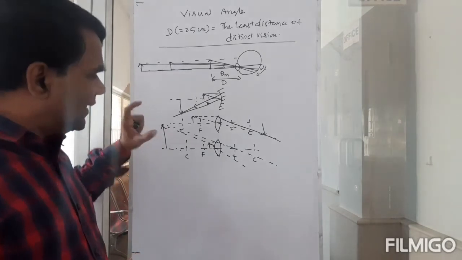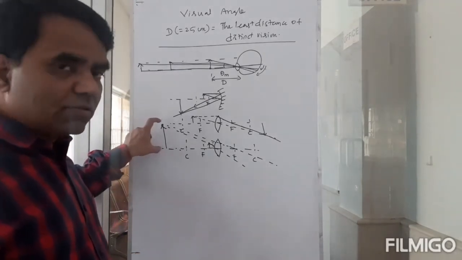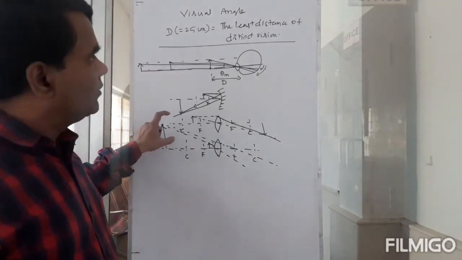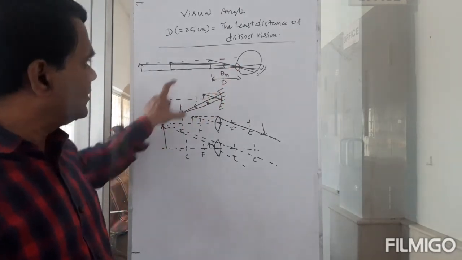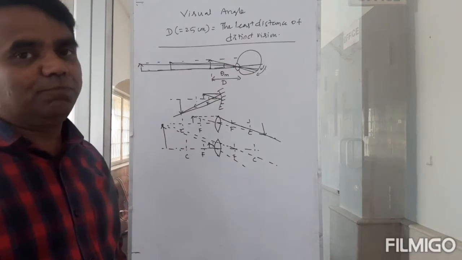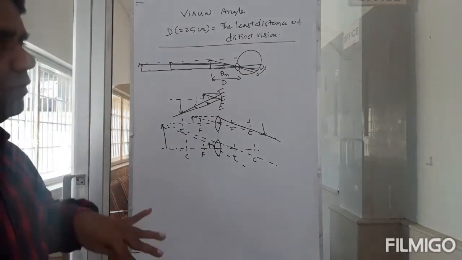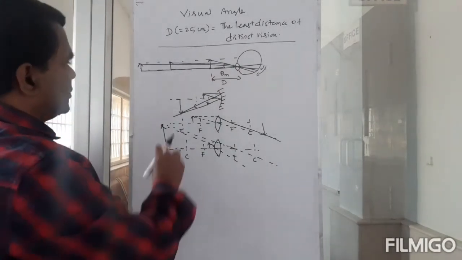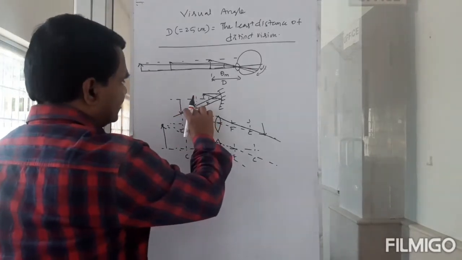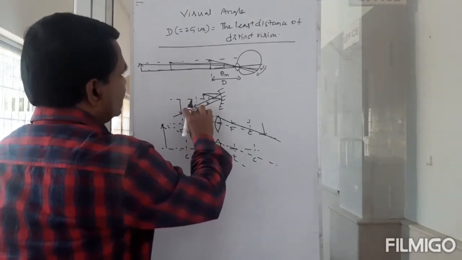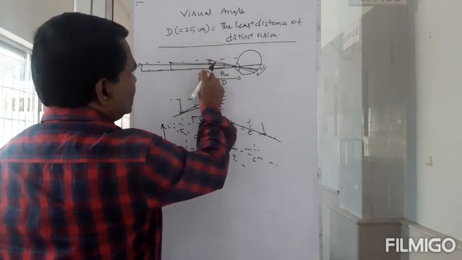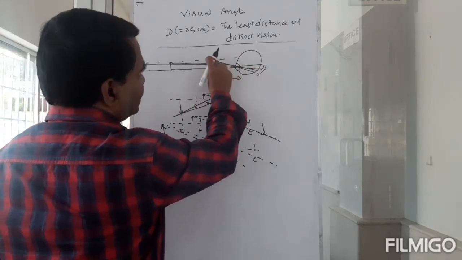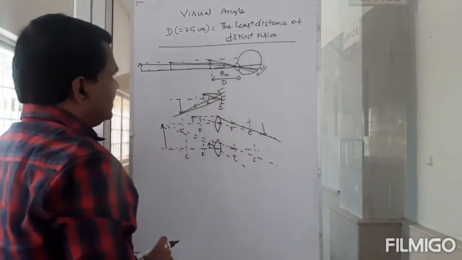And if I look at that image using my eye, then clearly I can have a better visual angle. What I'm trying to say is, suppose I take this object, AB, it's of this size, right? Let's say I keep it here. So it's of this size. So this is going to make an angle here.